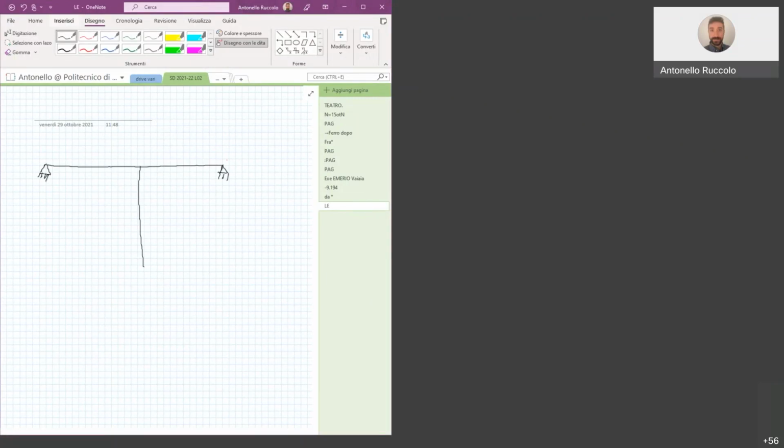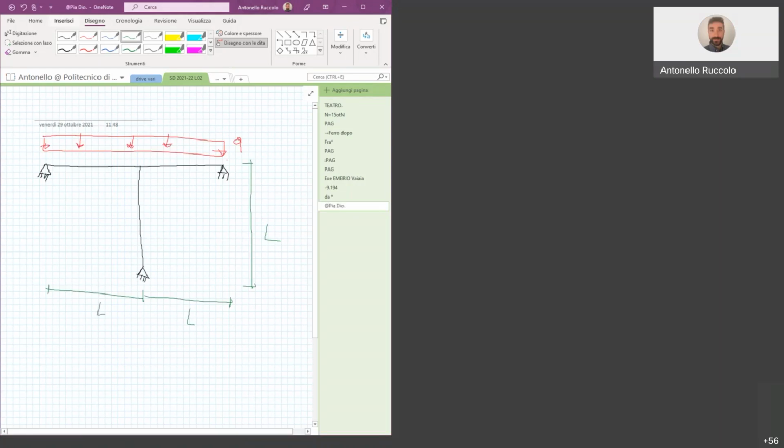So it is no more a continuous beam with a distributed load. Dimensions, as usual, are the same, just not to mess with it. We have already seen how things change when we have different dimensions. And we have node A, node B, node C, node D.